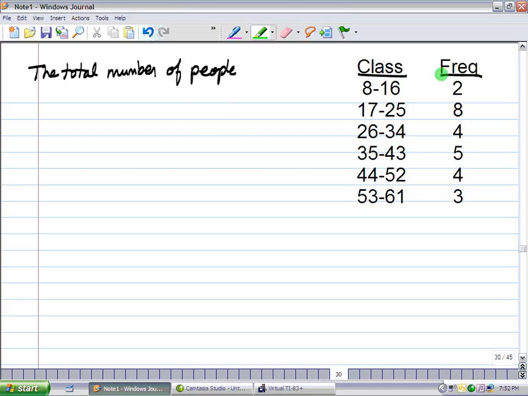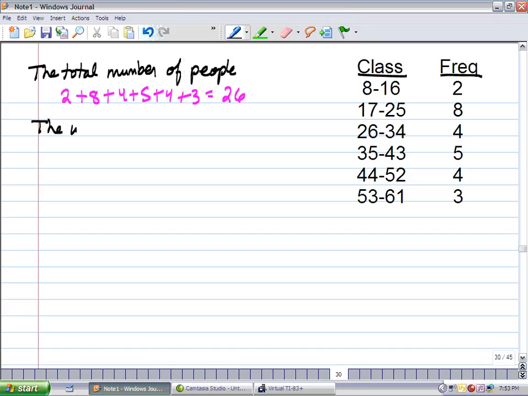Well, if I'm saying there are 2 people in this age range and 8 in this, then each one of these represents a person. So I just need to add those numbers together. 2 plus 8 plus 4 plus 5 plus 4 plus 3, which is 26 people altogether. So just add those numbers together.